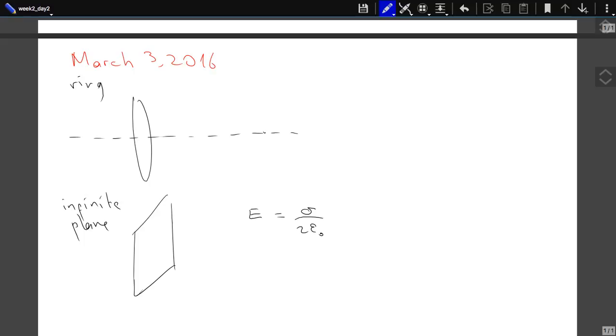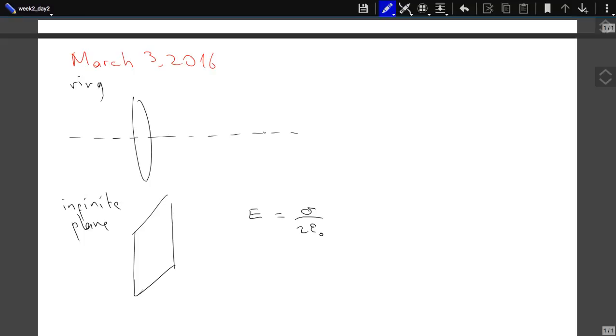Okay, so if we want to visualize the electric field, we have to specify two things: the direction of the electric field at every point, plus the magnitude of the electric field at every point. The tangent to the electric field lines already tells me the direction of the electric field.